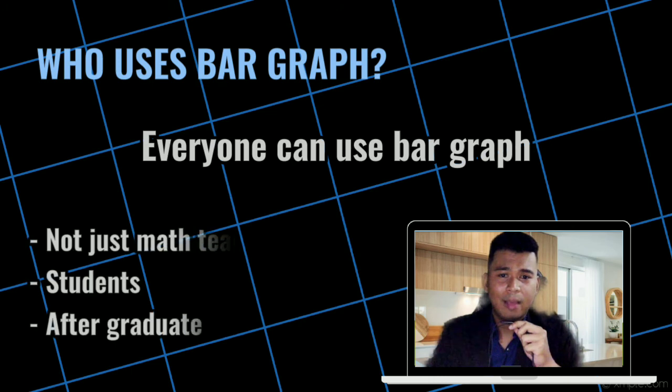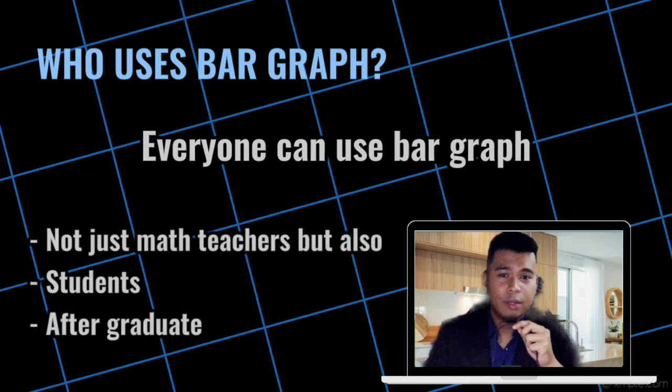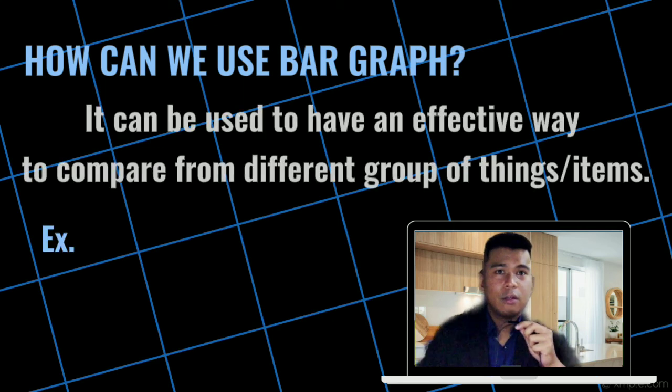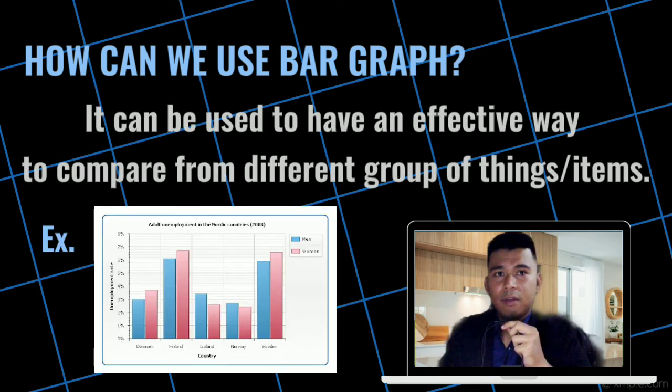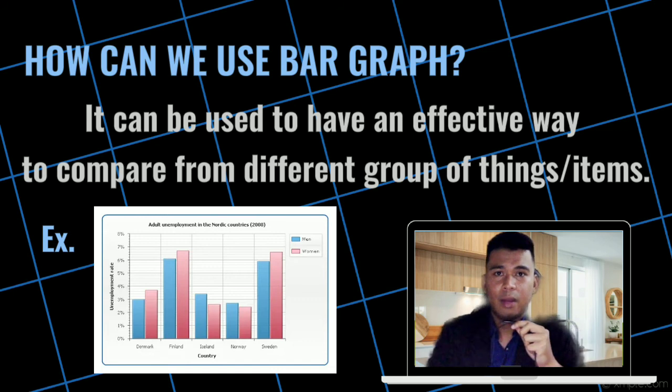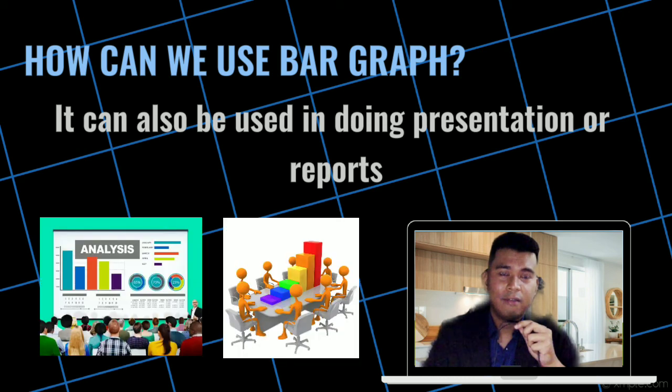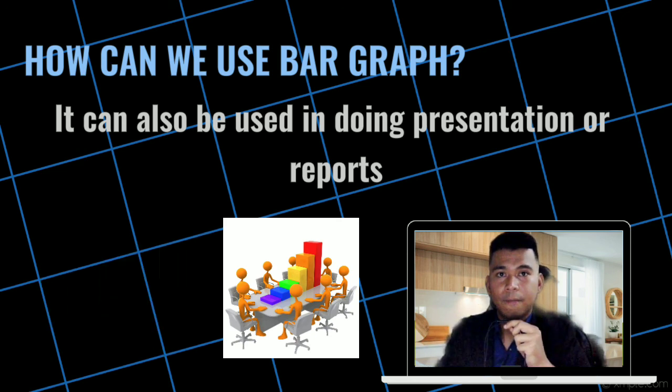Not just our math teachers. We students can use bar graph, not just in school, but also after we graduate. How can we use bar graph? Well, using bar graph is a good and effective way to compare items from different groups. Using bar graph is an effective and powerful visual tool to use in presentations and reports.